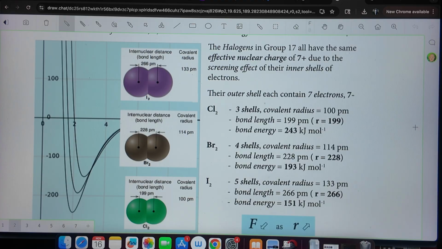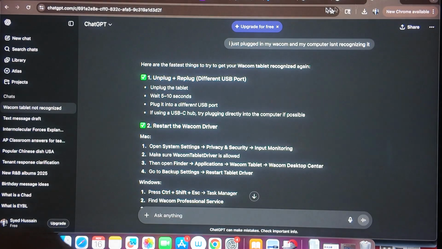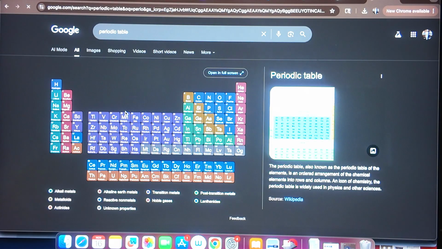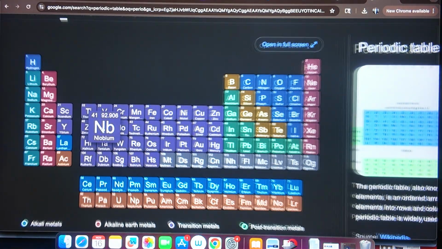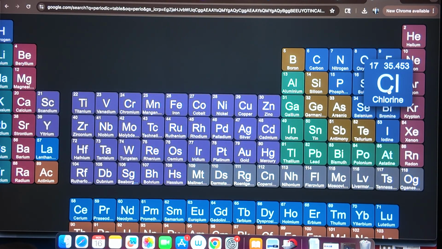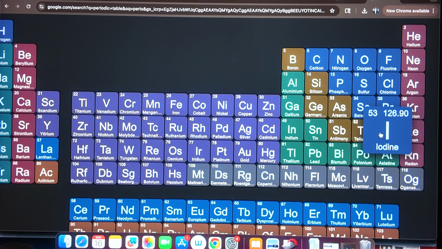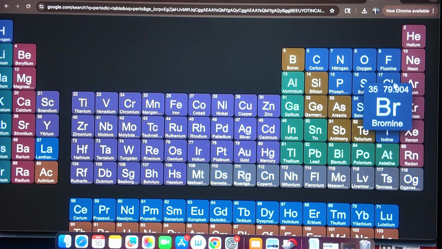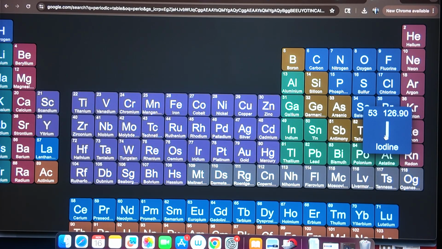And if we look here at a periodic table, Cl2, Br2, and I2, they are in order of size. So one gets larger and larger and larger.